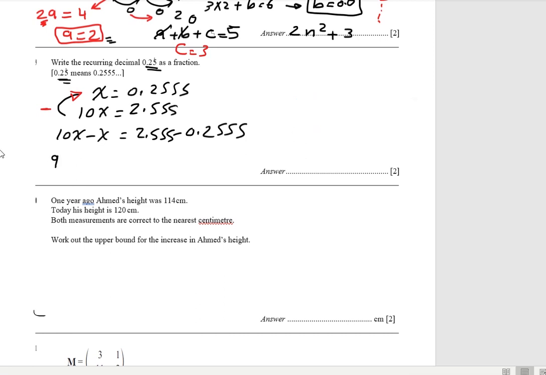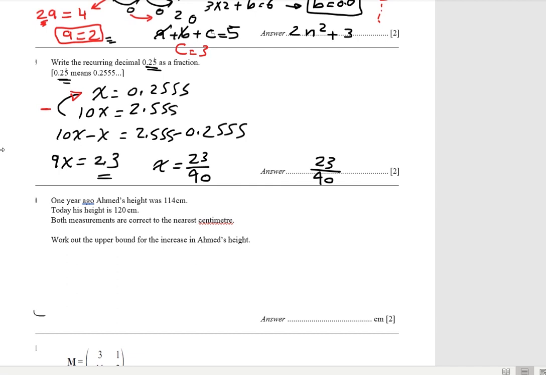So 9x will equal 2.3. So x will equal 23 divided by 90, and the answer here is 23 divided by 90.